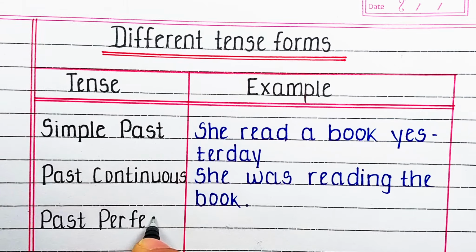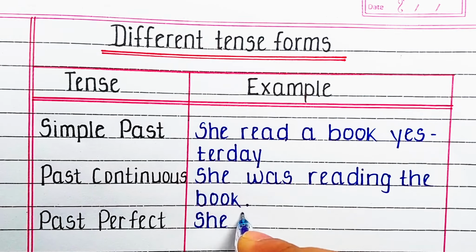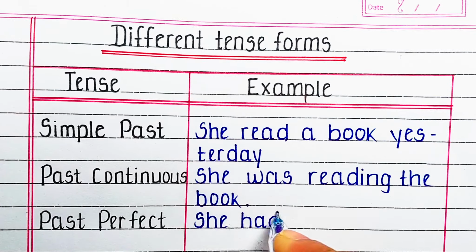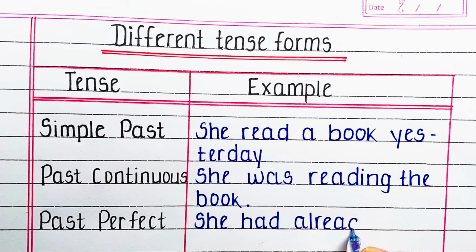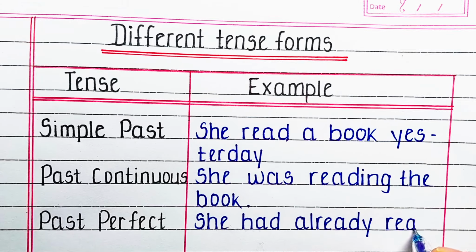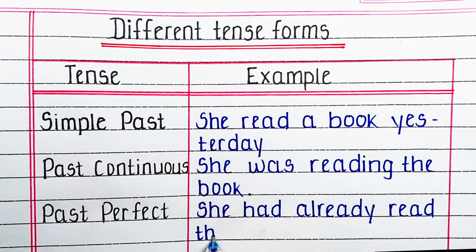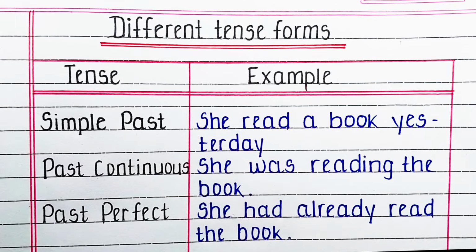Next is past perfect. In past perfect, we will write, she had already read the book.